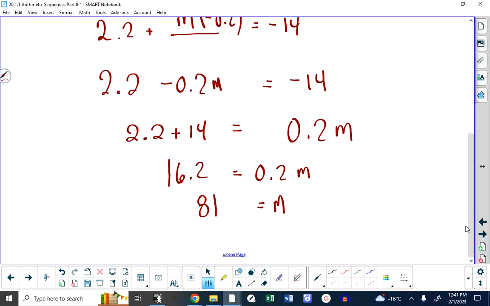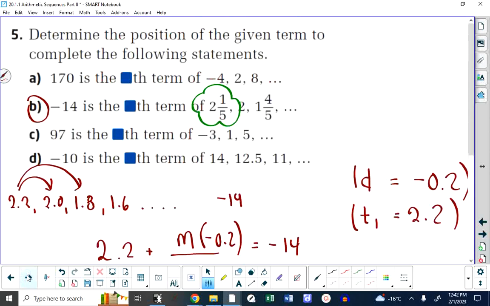Conceptually difficult. Not difficult with a lot of math, but you have to sort something out in your head. And if we knew a formula, we could get the answer quicker. But if I go back and I talk about going from this 2.2 to the 2, I add one common difference. But when I add one common difference, I get the second term.